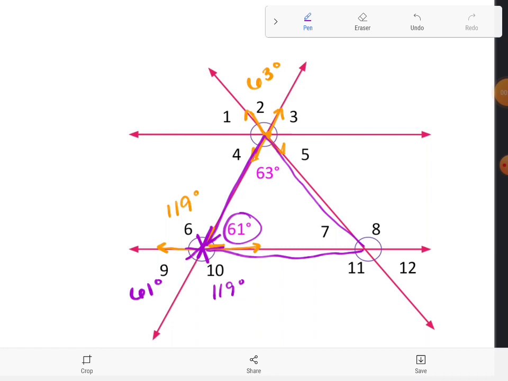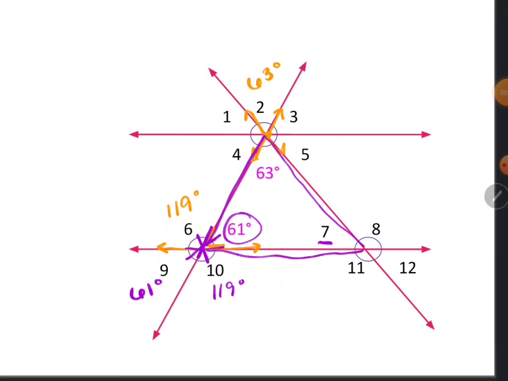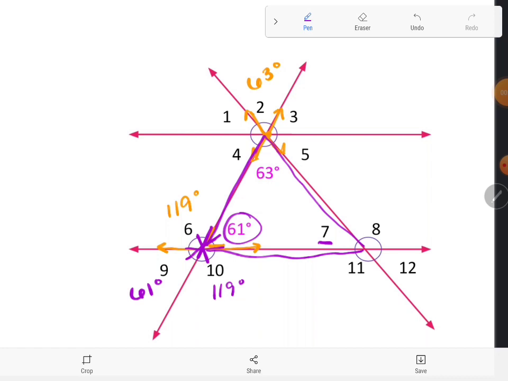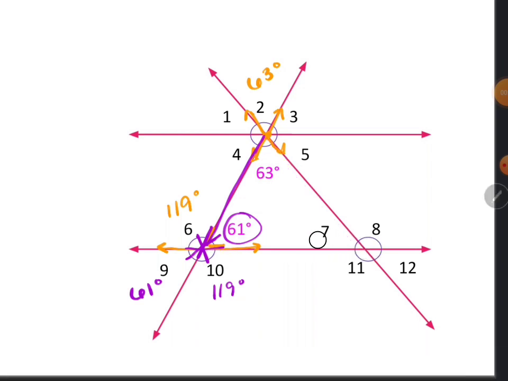Now what we want to do to find that missing angle is we're going to do 180 minus 124, and we should get 56, which means that angle 7 is going to be 56. And I'm going to clean up a little bit right here. Angle 7 will be 56 degrees.